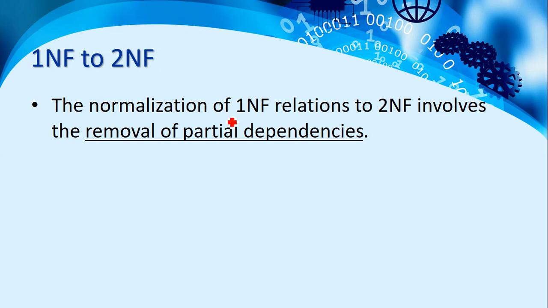So the normalization involves the removal of partial dependencies. This is the key to transforming into 2NF. You remove the partial dependencies.